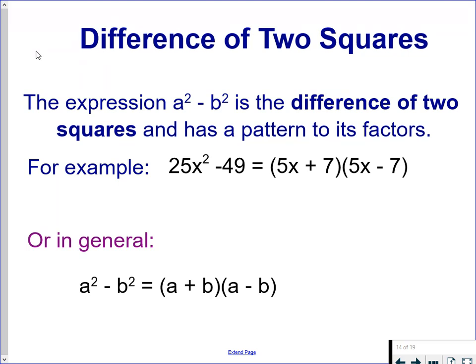All you have to do is take the square root of the first one, square root of the second one, add them together, subtract them together. So 25x squared is just 5x. Square root of 49 is just 7. Add them together, subtract them together. Saves you a whole lot of time.